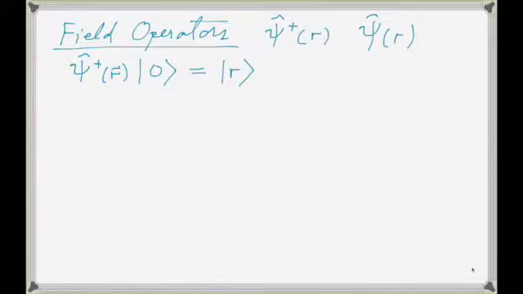So the relationship between these field operators, which are just creation and annihilation operators in the position representation, and the ones in the localized orbital representation, the a_i, we just find in the same way. It's just a change of basis, right? So if we look at |R>, that's equal to sum over i, put in a complete set of states, |alpha_i><alpha_i|R>.